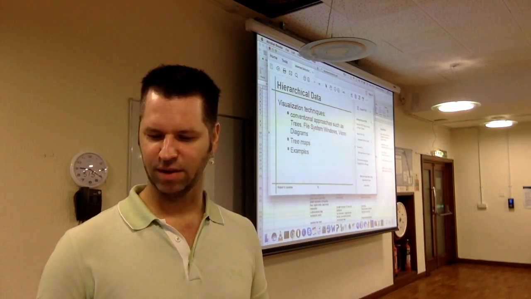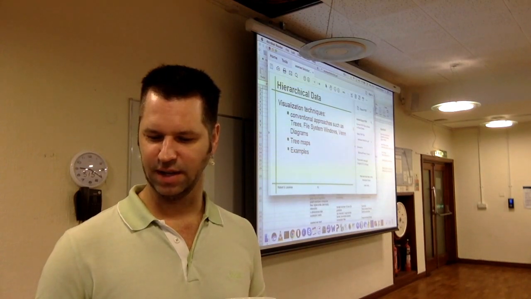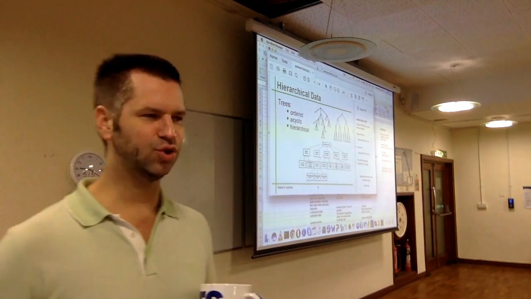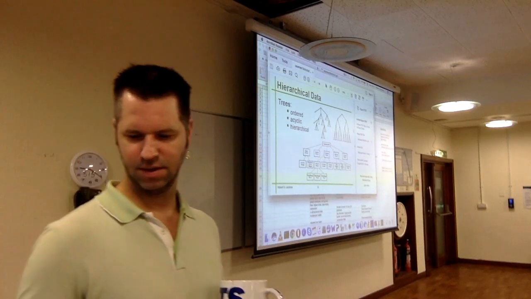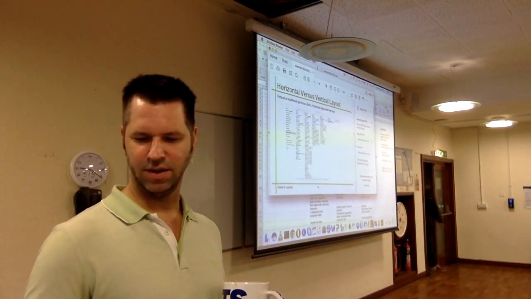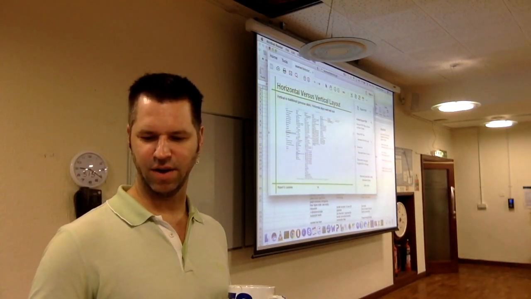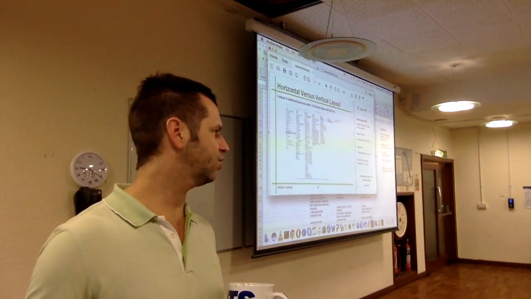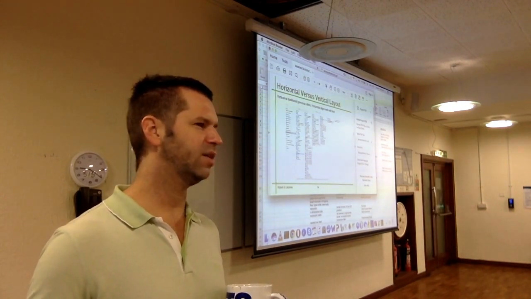Then we went into some examples, and then we talked about hierarchical visualization techniques, so conventional trees, right? This is a hierarchical text-based visualization that we see on a daily basis.